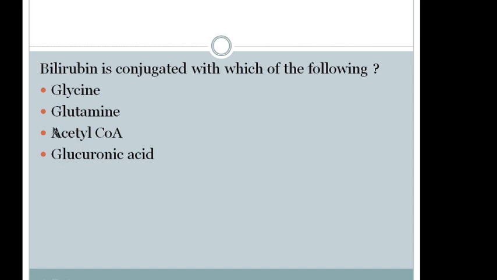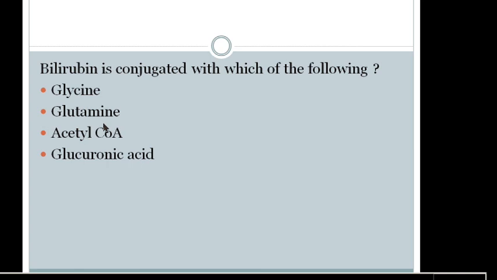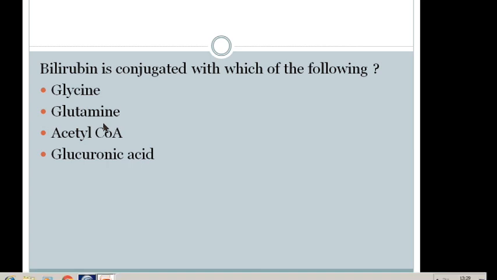It is very correct. In liver only, not in intestine. Bilirubin is conjugated with glucuronic acid in the liver. Then it enters the intestine and forms urobilinogen, and some of this urobilinogen is secreted into the kidney and some through the feces.